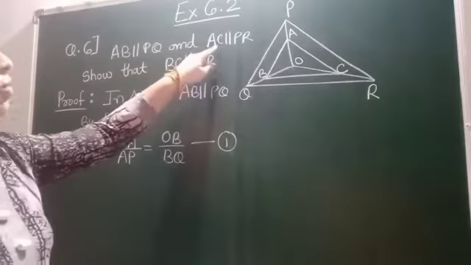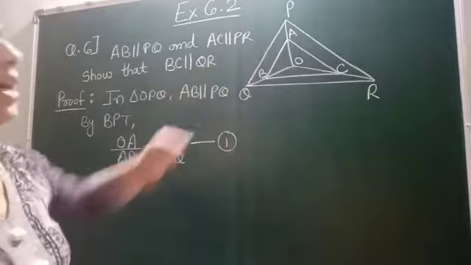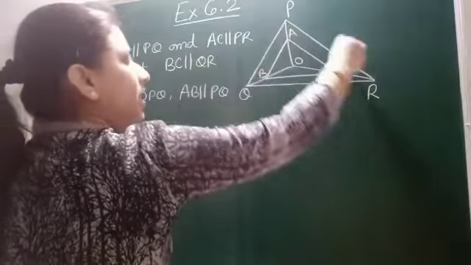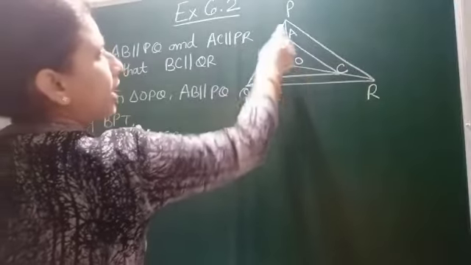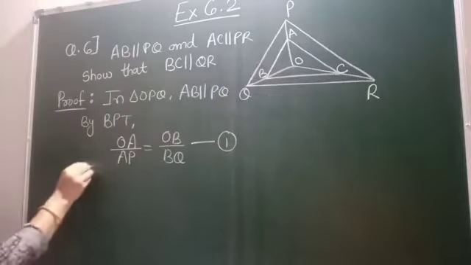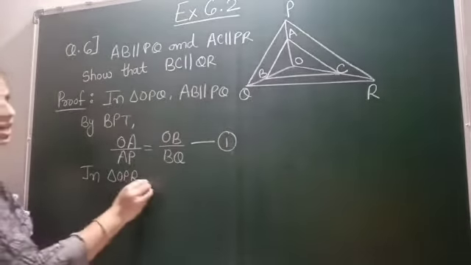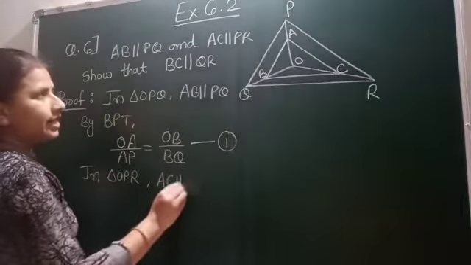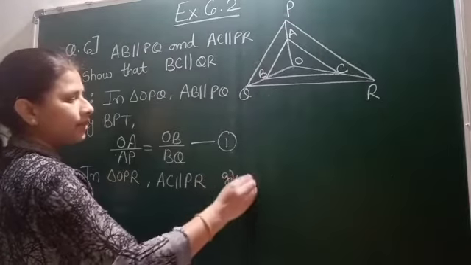Now again, what is given that? One more thing, it is given that AC is parallel to PR. So for that, which triangle we will take? Now we will take triangle OPR. Okay, in triangle OPR, this line AC is parallel to PR. It is given that.